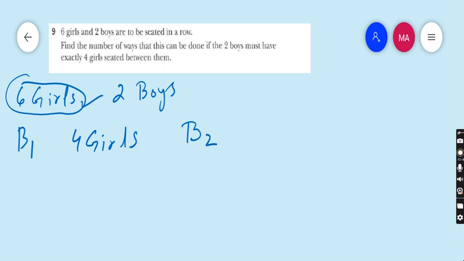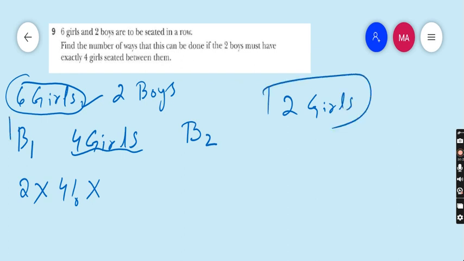So for B1 and B2, the 2 boys, we have 2 choices, because B1 can be written first and B2 second, or B2 first and B1 second. Now for the 4 girls we have to write 4 factorial. After the 4 girls, how many girls are remaining? 2 girls.